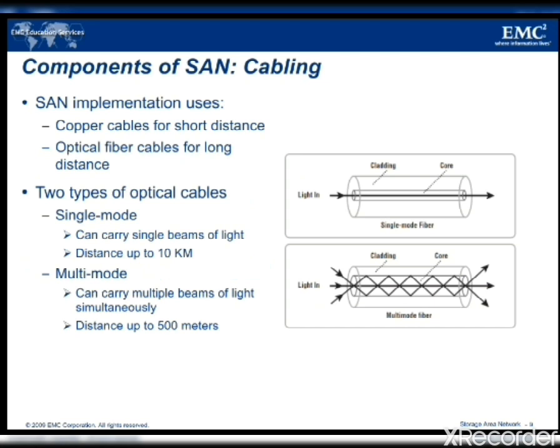The other one is called single mode fiber, SMF. This SMF carries a single ray of light projected at the center of the core. Multi-mode fiber has multiple rays of light at different angles, but single mode fiber is projected at the center of the core.